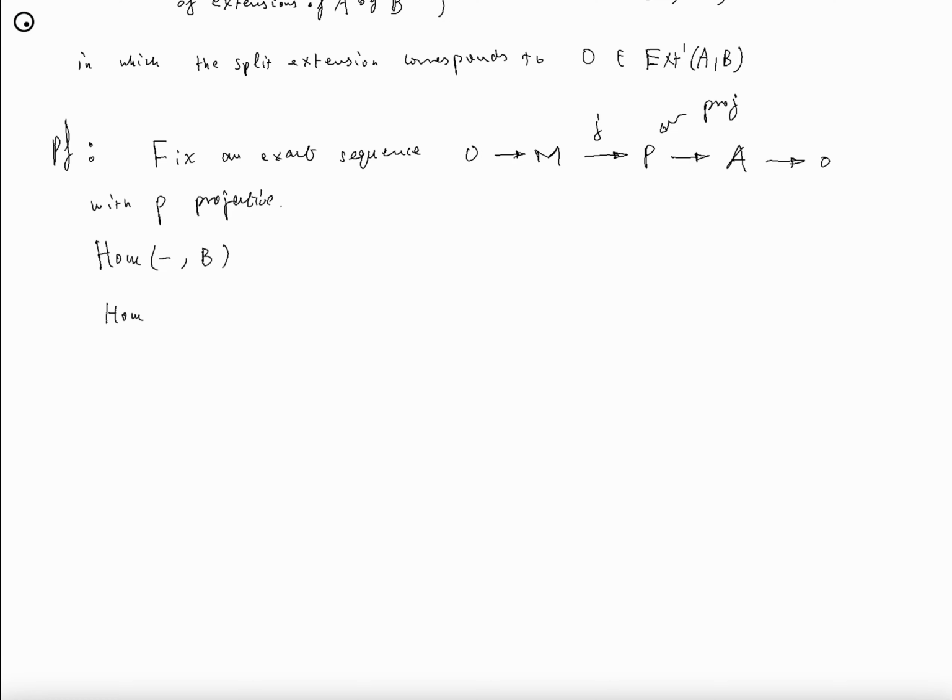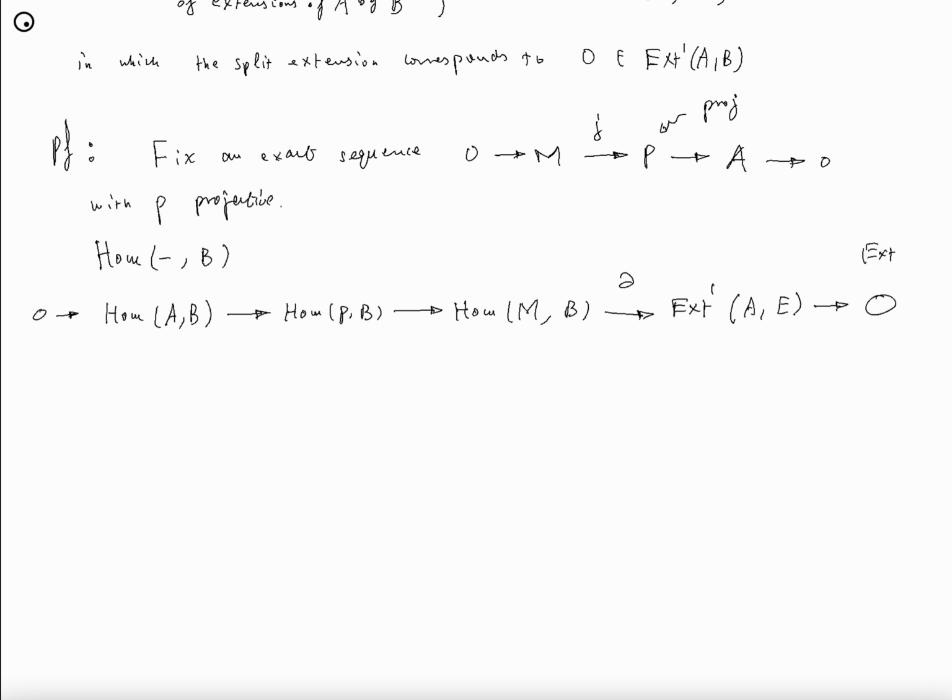This gives Hom(A, B), Hom(P, B), Hom(N, B), and then Ext^1(A, B) and Ext^1(P, B), but this will be 0 because, as we have mentioned in a previous exercise, when P is projective, Hom(P, -) is exact, and so its corresponding homology would be acyclic.